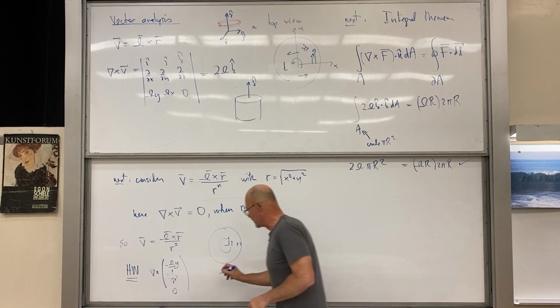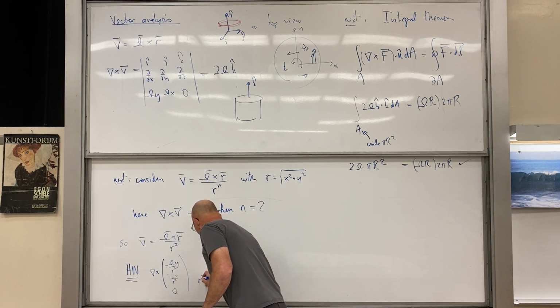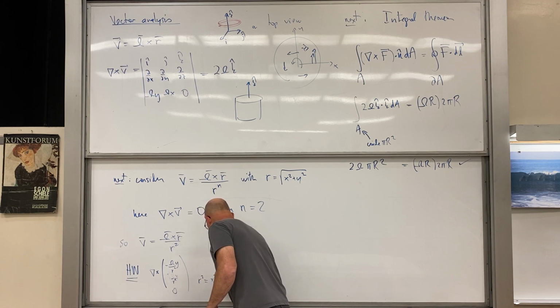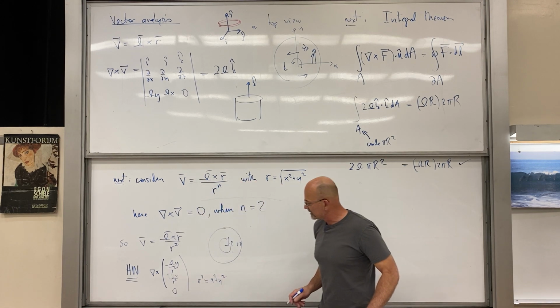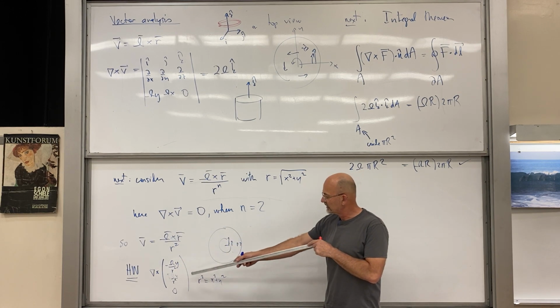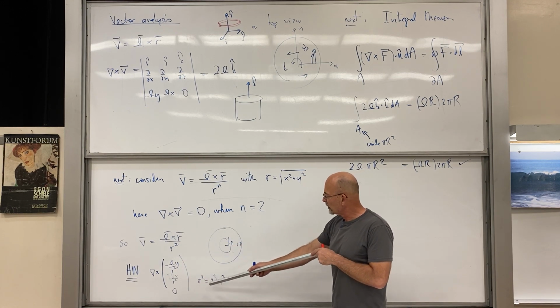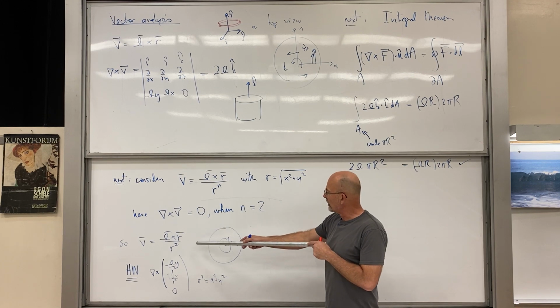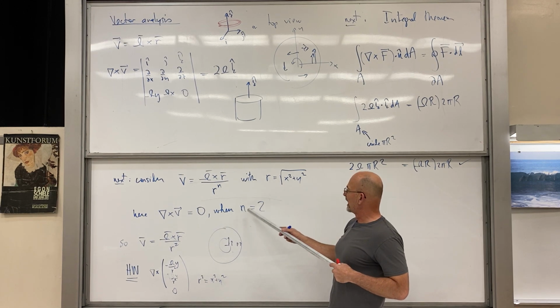And because that r squared is equal to x squared plus y squared, you've got to take a little care doing your chain rules and what have you, but you can just stay in the Cartesian coordinates. You'll find that this curl vanishes for n equals 2.